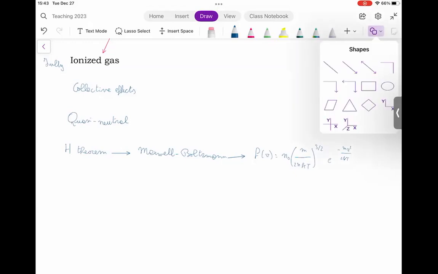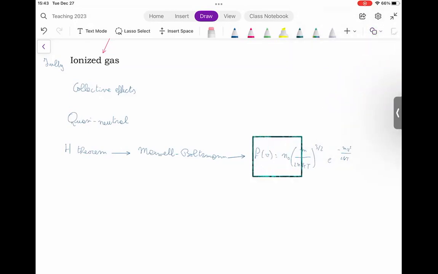I will give you a disclaimer at this point. Often, for convenience, in plasma physics, people neglect to include the factor k, which is going to be either implied or absorbed in the units of temperature.